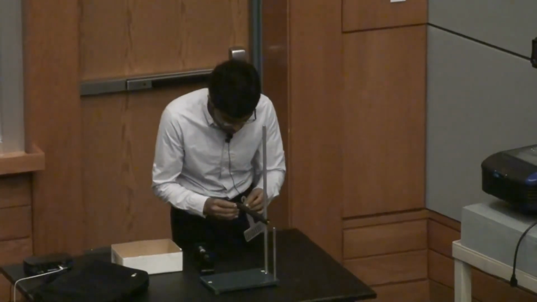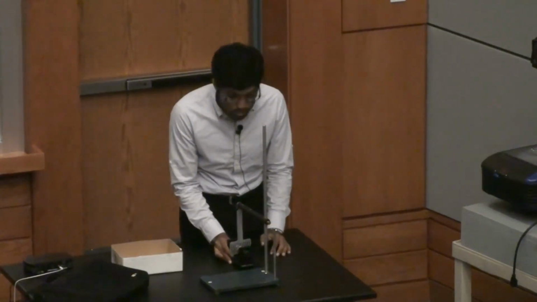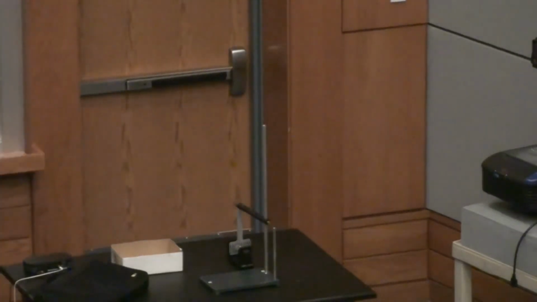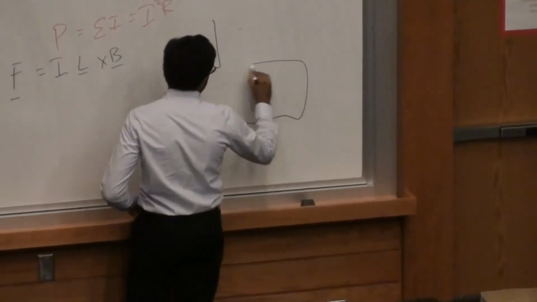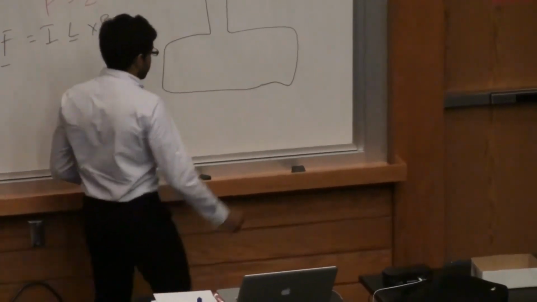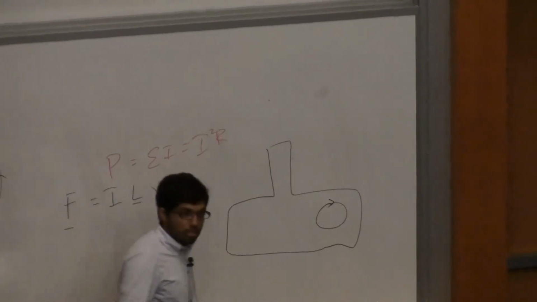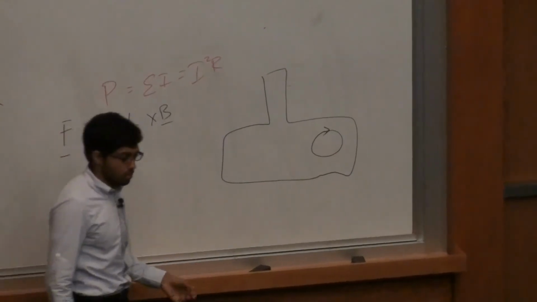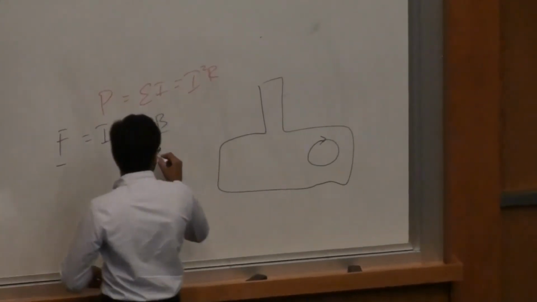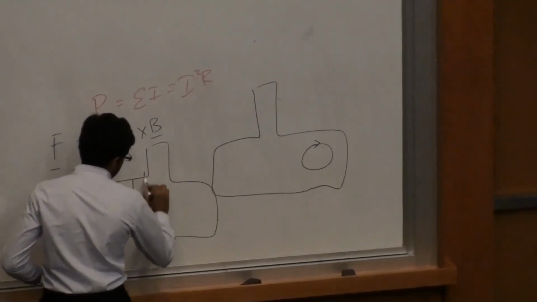Let's look at one that has slits. What's going to be the case with this one? So what's happening here? I have my pendulum. It's going through. This is going to produce some current. Depending on the direction it's going, the direction of the current will change, right? And the Lorentz force will effectively work in the opposing direction, and it will slow it down. So in the case of slits, right, I have my slits.